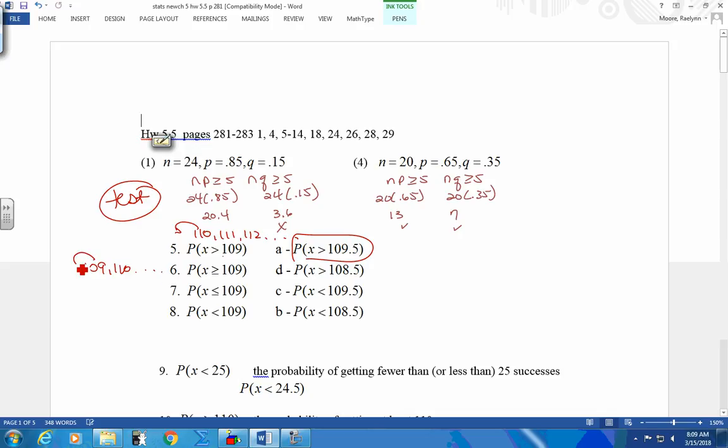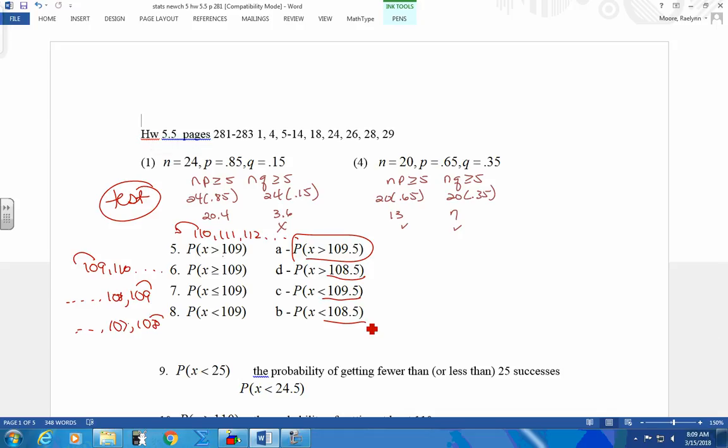So drop this guy to 108.5. This one says you ended at 109. So up this 0.5. This guy says don't use 109, you end at 108. So up this 0.5. This is called your correction for continuity.